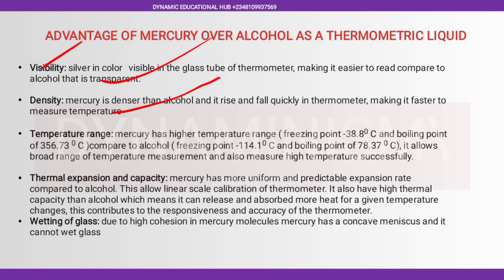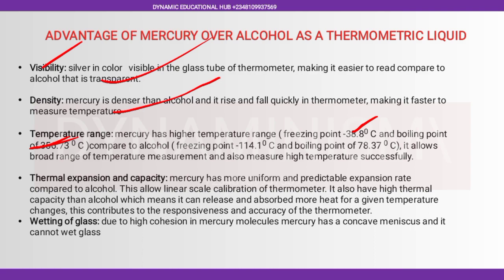Self-explanatory. Temperature range. Now mercury has a higher temperature range, with freezing point minus 38.8 degrees Celsius and boiling point 356.73 degrees Celsius, compared to alcohol. If you are talking about temperature range, just find the difference between the freezing point and the boiling point.